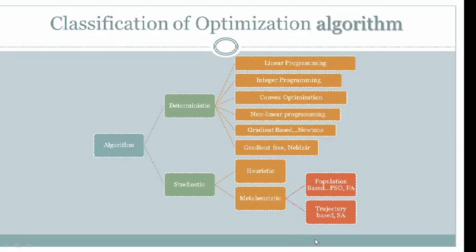If the probability is non-zero, then it moves forward, and this trajectory can reach the global optimum value. In this way we can divide the optimization problem into two main broad categories with respect to algorithmic approach, that is deterministic and stochastic.